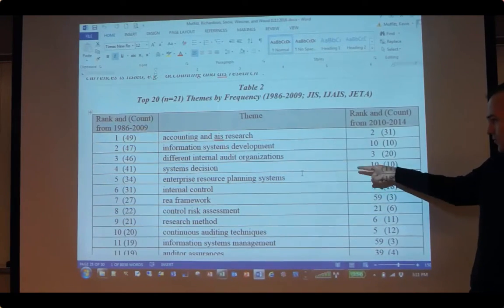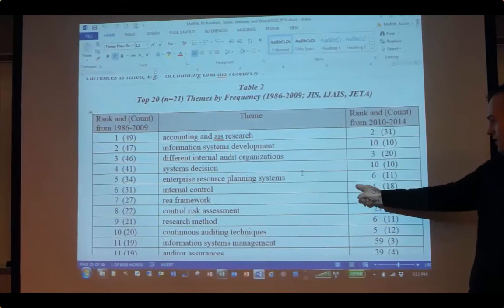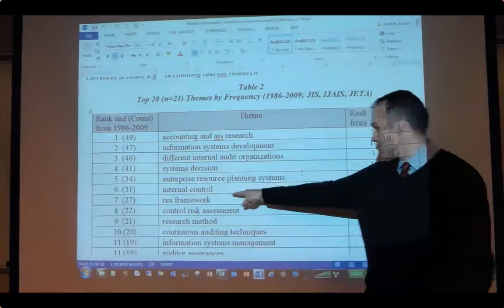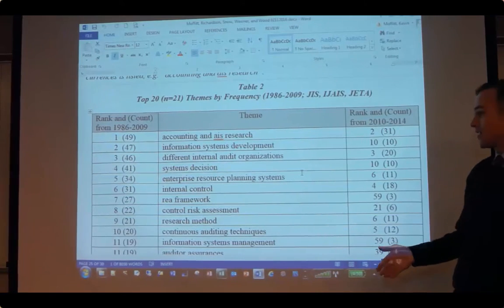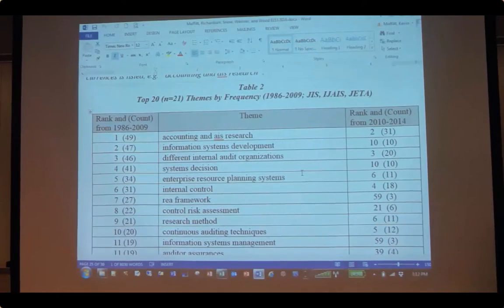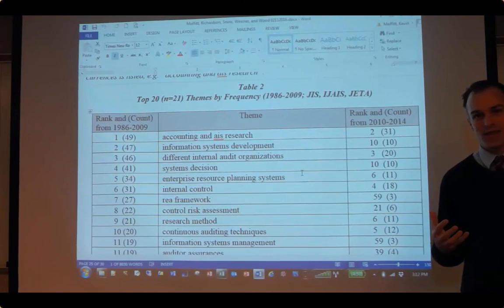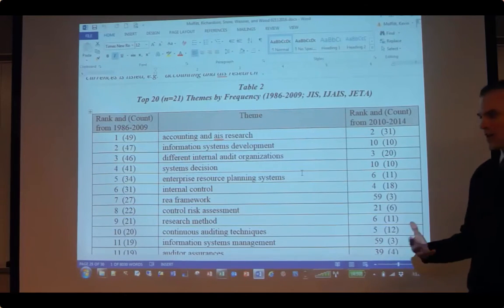Systems decision goes from 4 to 10. ERPs 5 and 6. Internal control 6 and 4. REA goes from 7 to 59. The thing is, it's just really well established. We teach REA in our classes if you take an AIS class, but I don't know if a lot of people do a lot of research there.